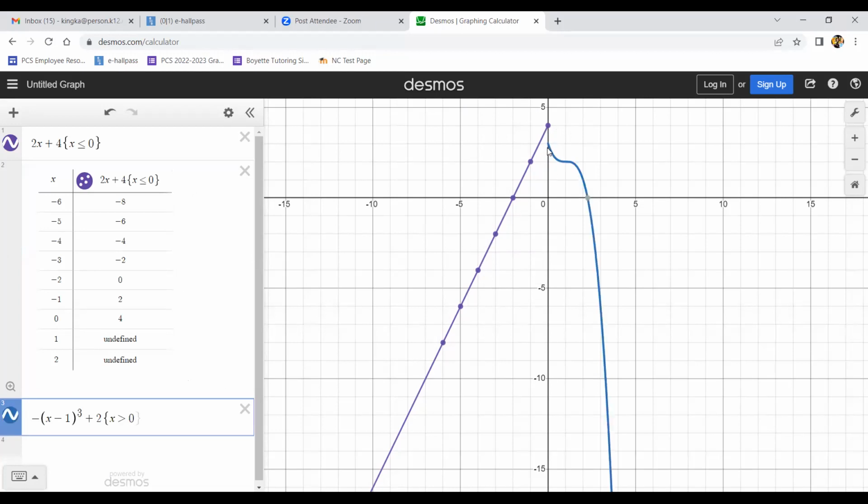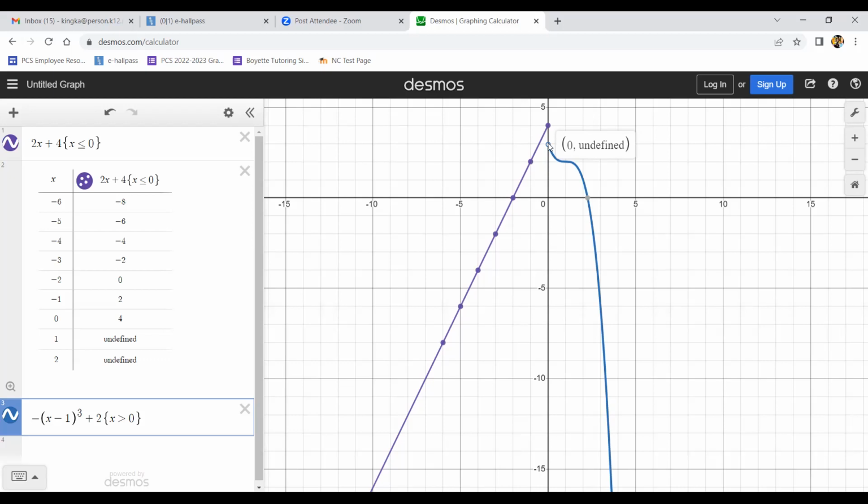Okay. And right there, I can see that that point right there, it's not telling me the y coordinate, so I'm going to have to use my eyes to figure out what the y coordinate is. Y coordinate looks like 3, but I'll be able to kind of look at the table. Maybe have that help me. So 0, 3 is where I'm going to draw my open circle.